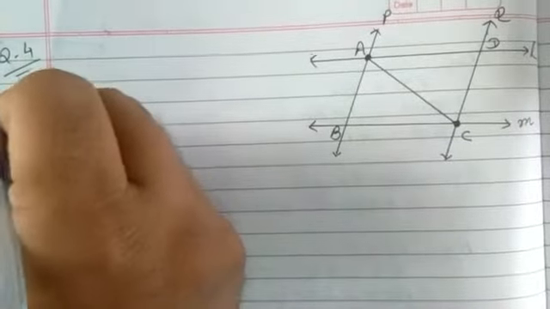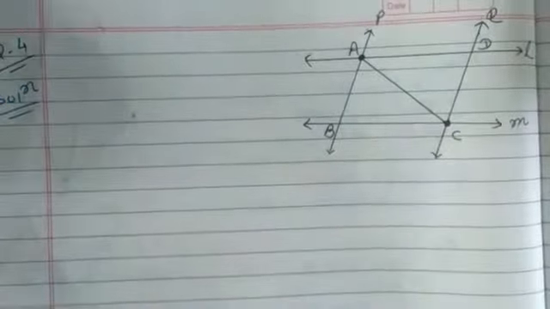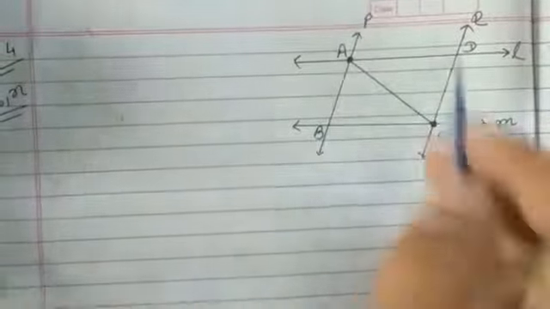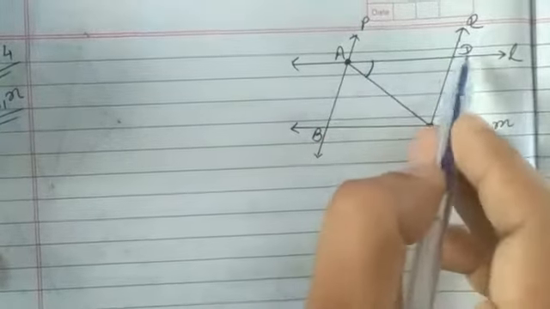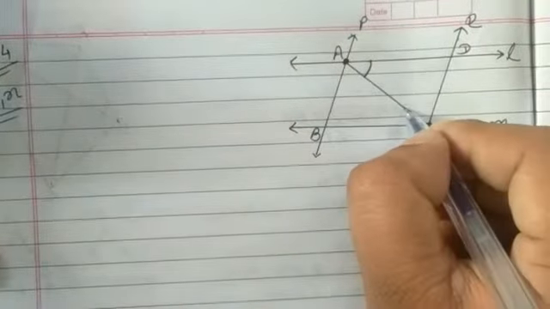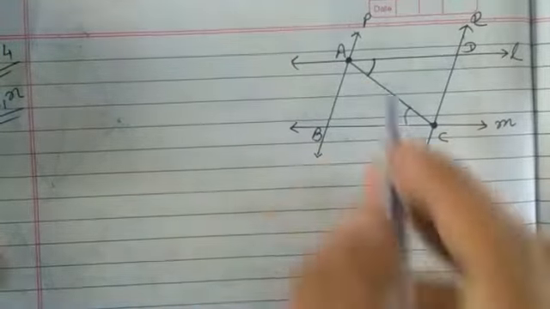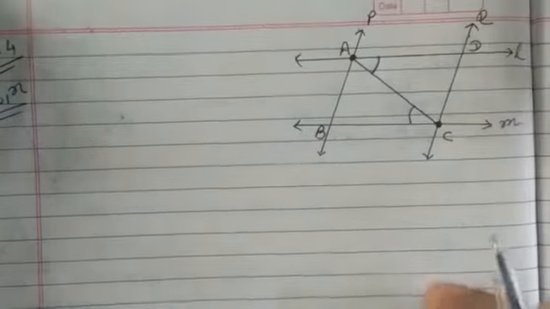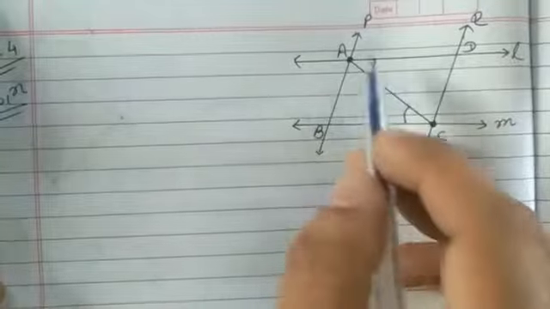So first we can write the solution here. Look at this figure, we can say that this angle DAC and this angle BCA are both equal. Why? Because of interior angles.